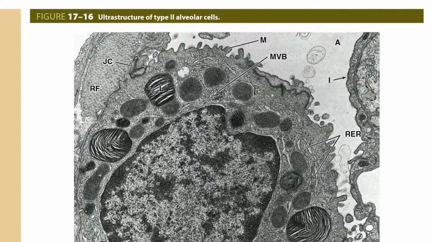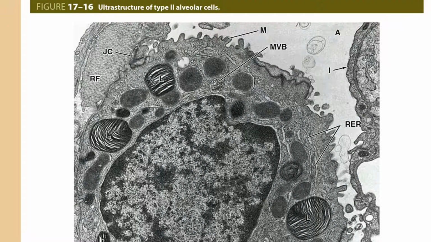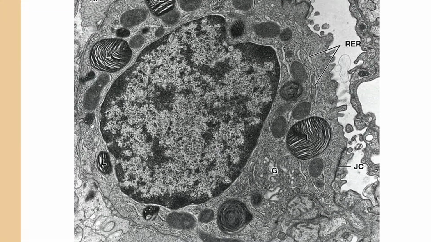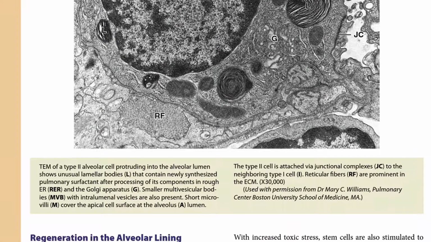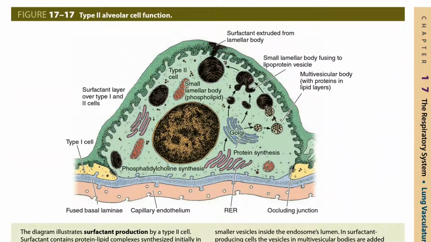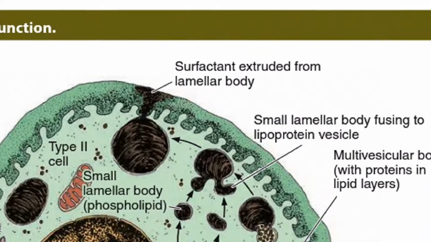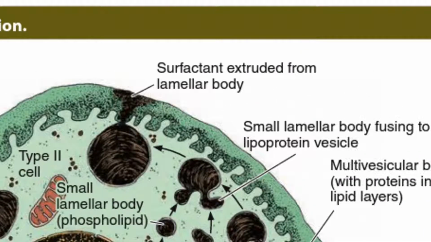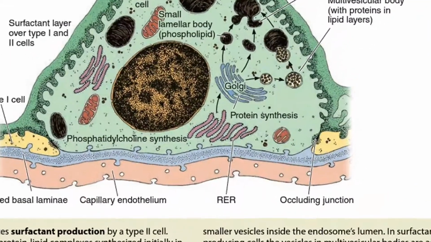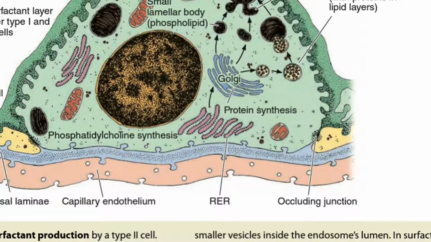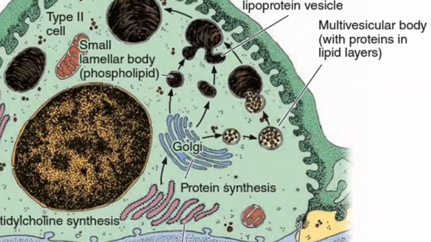Then this is the ultrastructure of the type 2 alveolar cell, just for your information. Okay, the function of the type 2 cell: see over here they are showing surfactant extruded from the lamellar body, and inside you see the RER, rough endoplasmic reticulum, and the Golgi body, and then there is a formation.